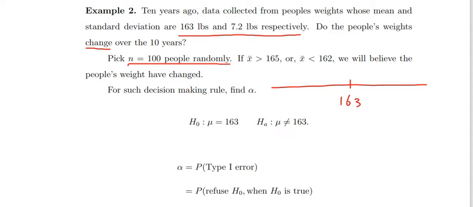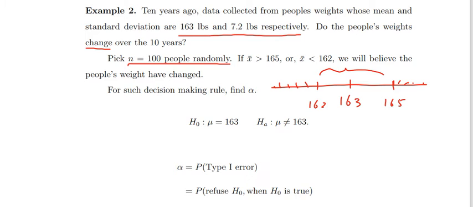So the decision making rule is: if x bar is more than 165, we will believe the weight changed. Or if x bar is less than 162, we will believe the weight changed. Between these, we will say the weight has not changed, quite the same.